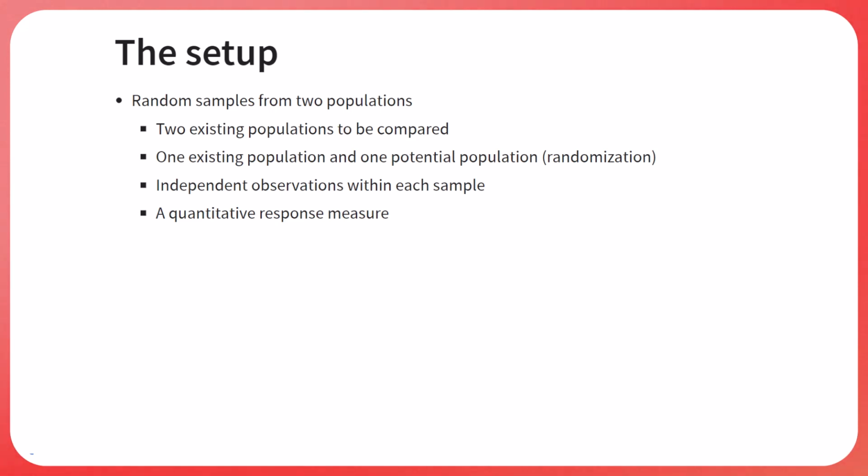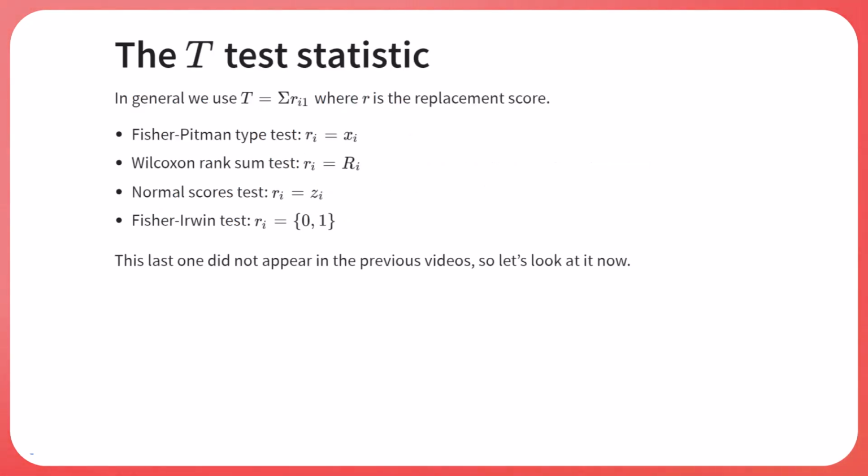We have independent observations within each sample and a quantitative response measure. The test statistic that we have been using is the sum of scores in the smallest sample. In general, we use T as the sum of R, where R is the replacement score.